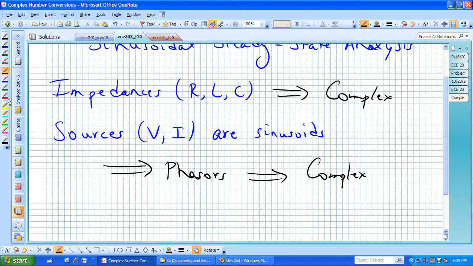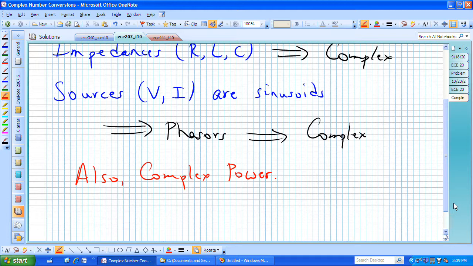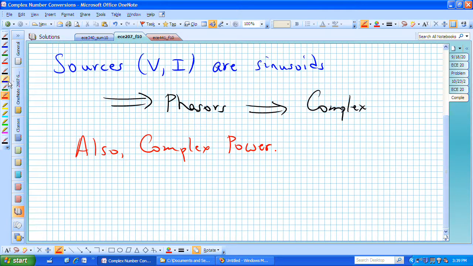We also have been working with complex power, and because of that, it's helpful to remember how we manipulate or use complex numbers.